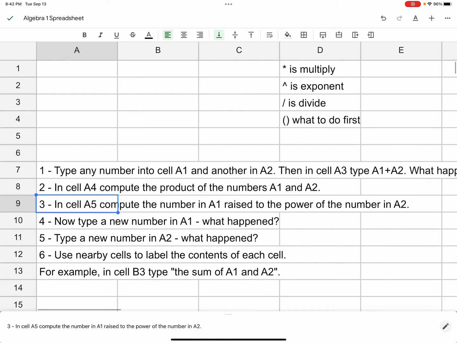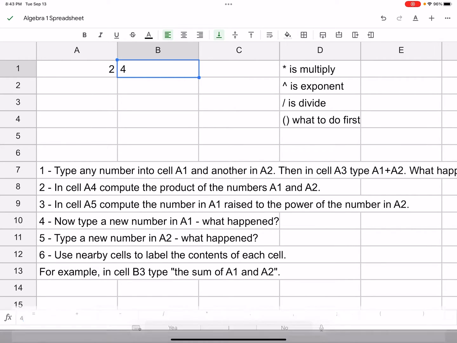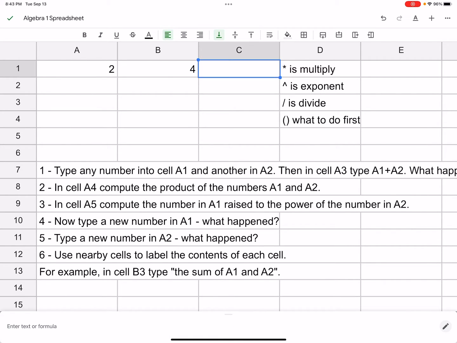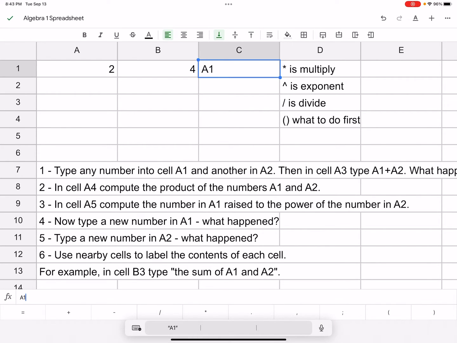So here we go. Number 1, it says type any number into cell A1 and another into cell A2. So I'm going to type in a 2 and I'll type in a 4. Then in cell A3, type A1 plus A2.